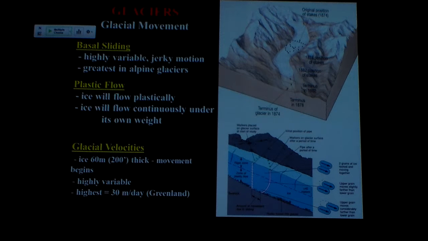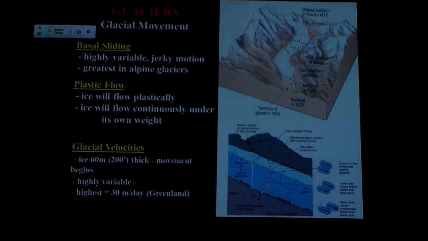Remember we said it was a little bit like looking at a river system? Well, I kind of see the same things. If I look at this glacial tongue coming down through this valley here, you put a row of stakes across, and you just kind of watch it for a couple of years, and you'll notice the stakes tend to start to bow across, and the center of the glacier is moving downhill faster than the edges of the glacier.